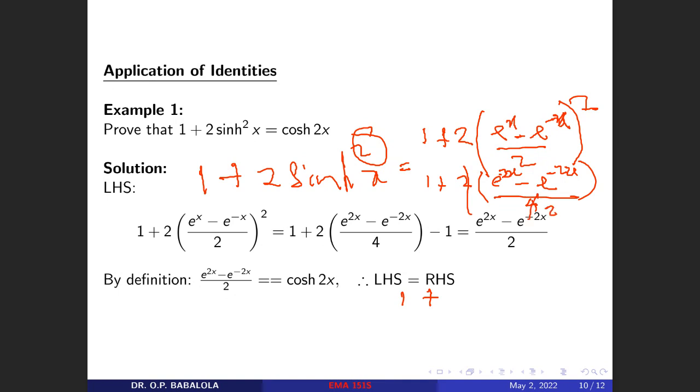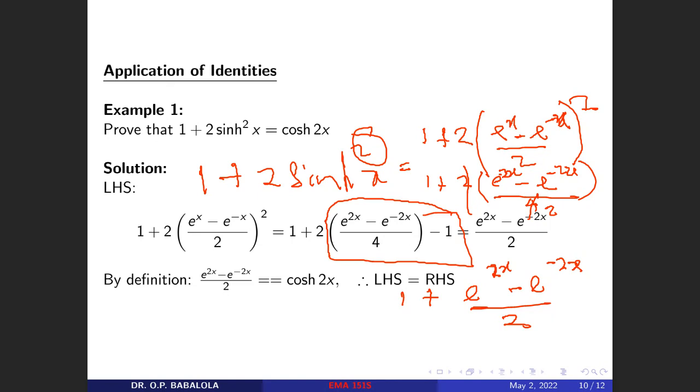Okay. Then I'm left with 1 plus exponential 2x minus exponential minus 2x over 2. Sorry, I've expanded it. That's why I have a negative 1 there. Okay, and this 1 will be 0, so I'm not going to have this anymore. So I'm left with this value.